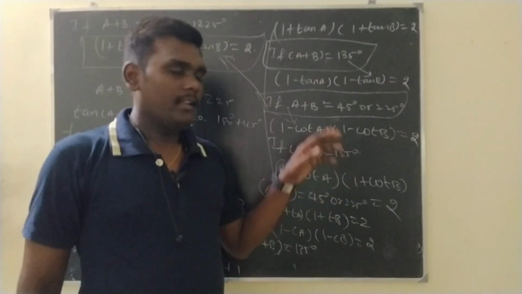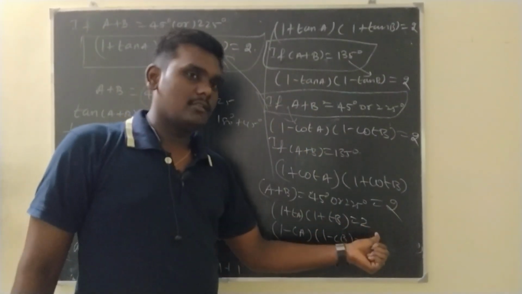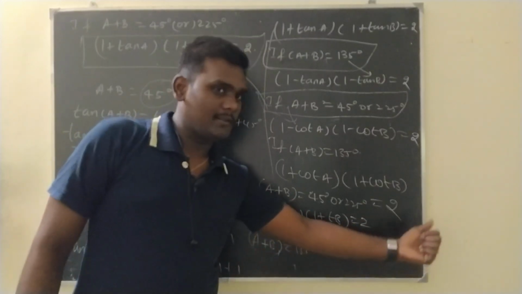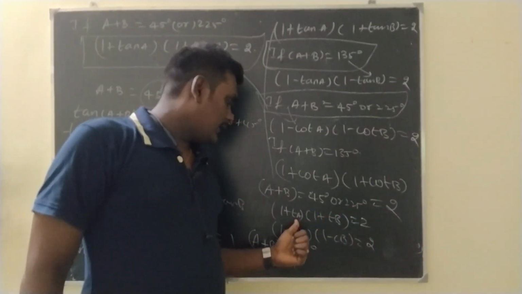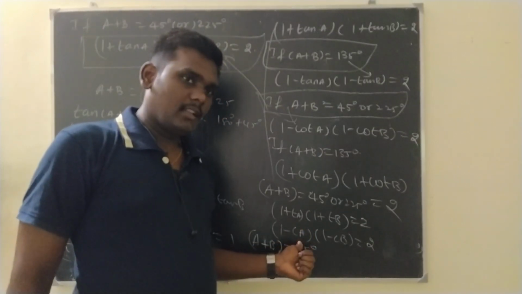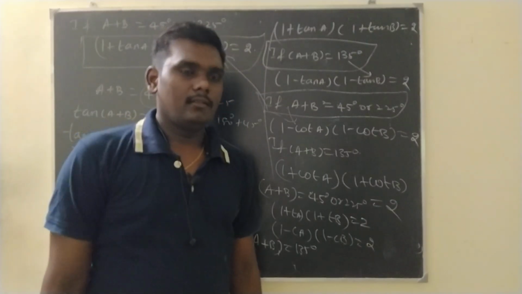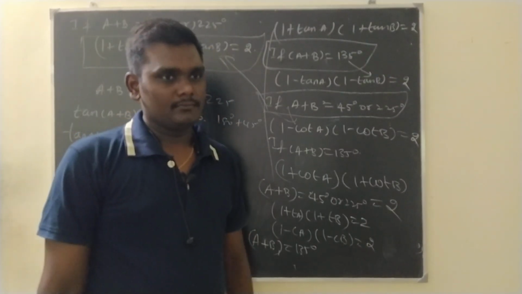In 45 degree, tan is positive: 1 plus tan A, 1 plus tan B equals 2. Likewise, the identity has only positive sign. Whereas in place of tan, we replace cot. That takes fully what sign? Minus, negative sign. That's all.